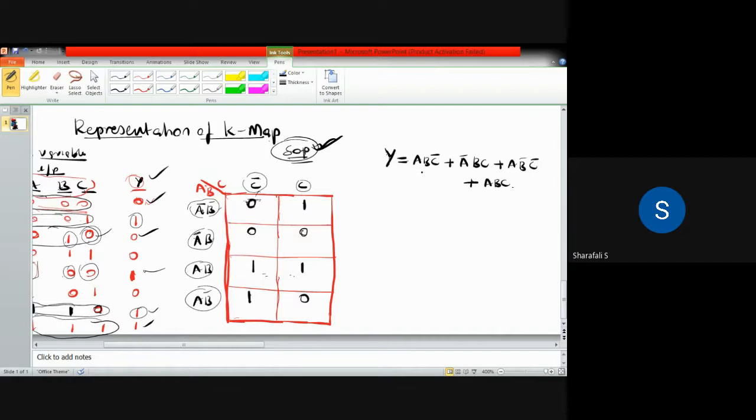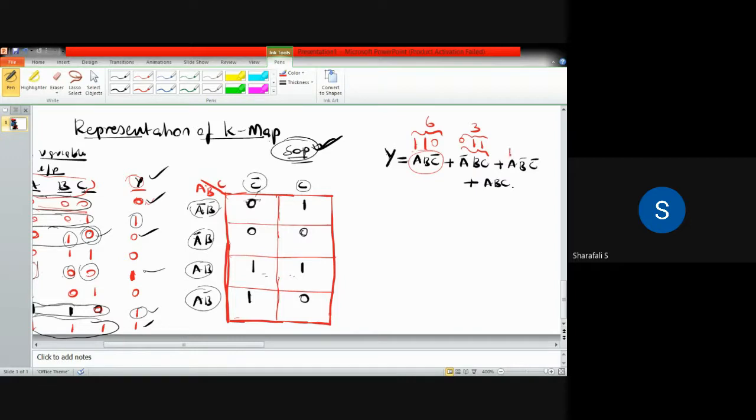What is A, B, C bar? A means 1, B means 1, C bar means 0. This value is 4 plus 2, that is 6. Then A bar B C is 0, 1, 1, which gives the value 3.